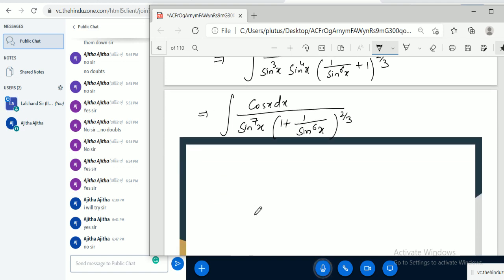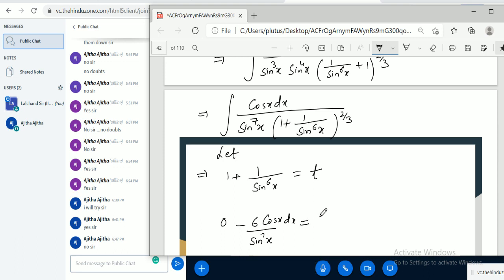If we make substitution now, 1 plus 1 by sin to the power 6x is equal to t. If we let this and we differentiate both sides, this will be 0, then this will be minus 6 by sin 7x cos x dx equal to dt. So here we have sin x, and there is one more term here because the differentiation of sin x is cos x.